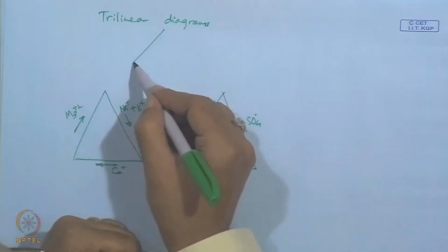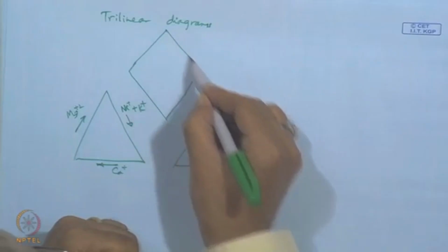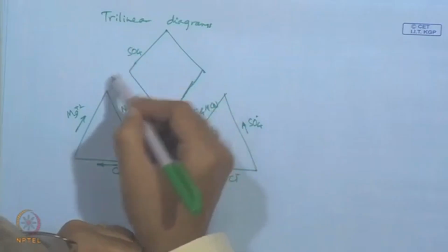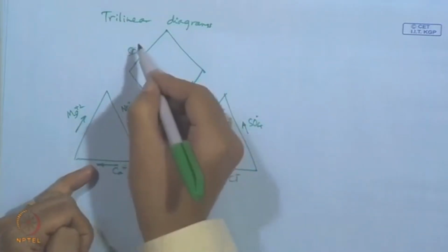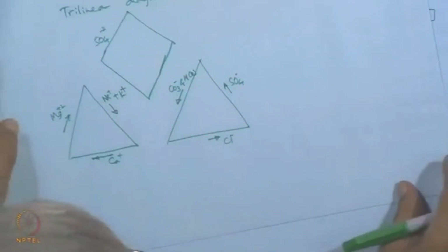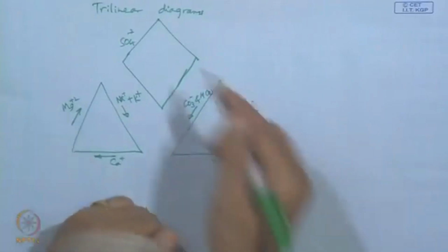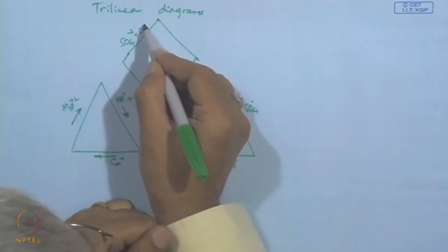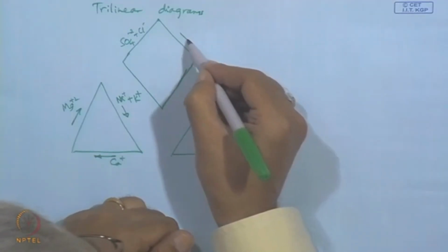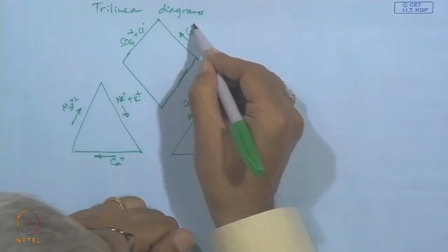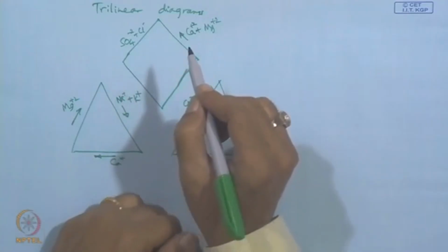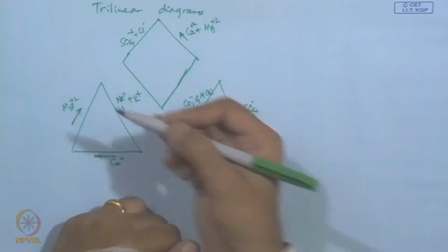In between there will be a diamond shaped diagram which is a combination of both the left triangle and the right triangle. This is SO4 plus Cl, sulphate plus chloride, and here this is calcium plus magnesium, and this is the sodium.